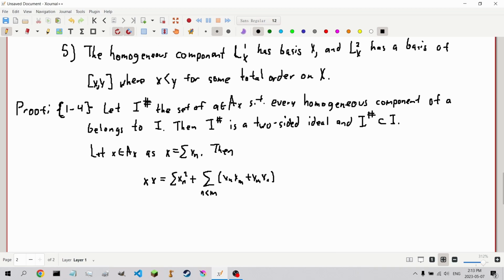And keep in mind these are in I as they are squares of homogeneous components.